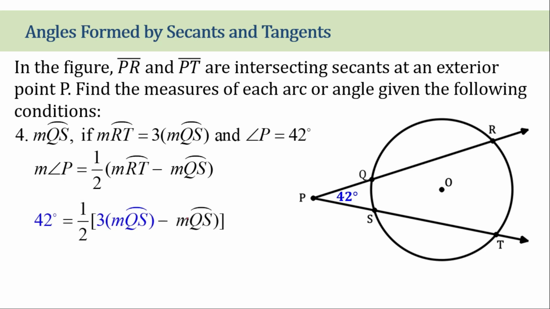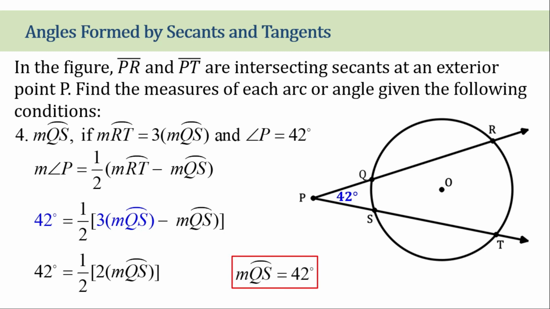Now if we subtract this first, 3 QS minus QS, we have 2QS, and this is divisible by 2. So we don't need to multiply both sides by 2, because there is a 2 here, so this cancels out. So the measurement of RQS is equivalent to 42 as well.